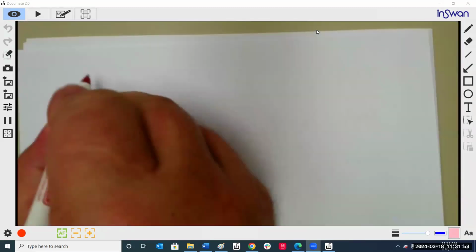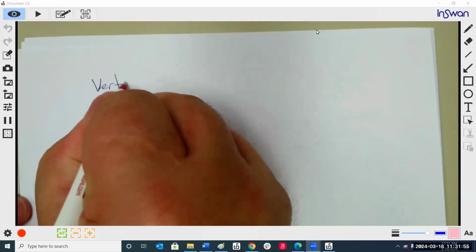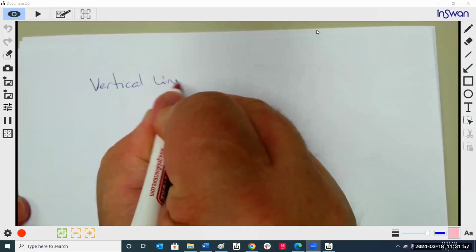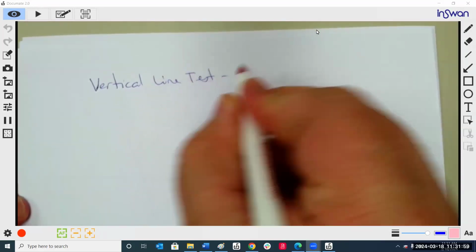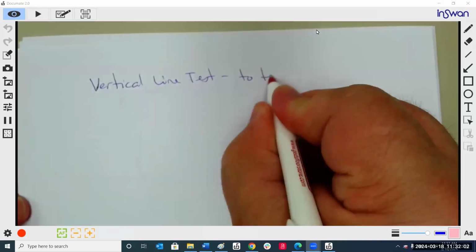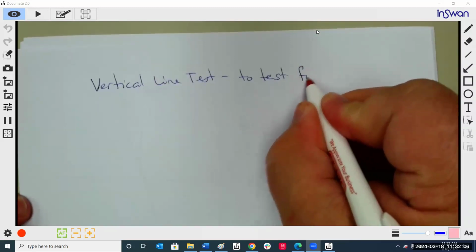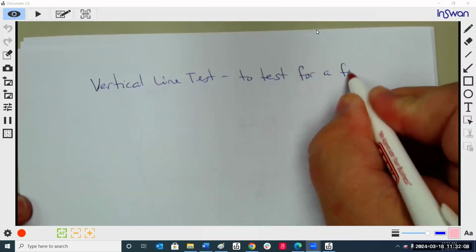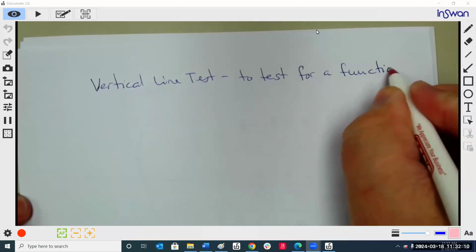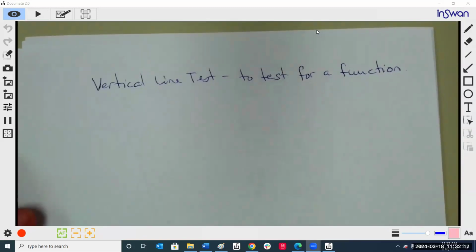Which is what we now call the horizontal line test, because we use the vertical line test to test for a function.